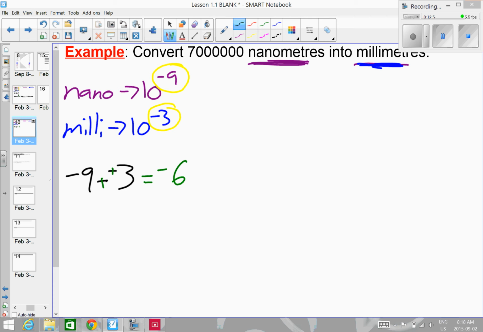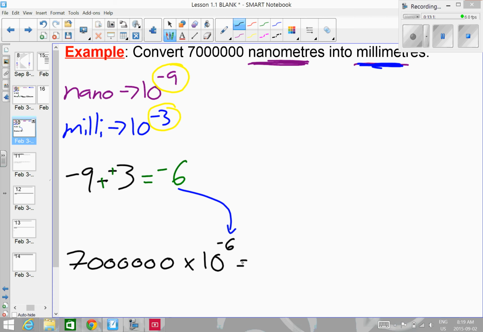And step 4 was to take our first number, that's 7 million, 1, 2, 3, 4, 5, 6, times 10 to the power of whatever our step 3 was, so this number. So that's 10 to the power of negative 6.